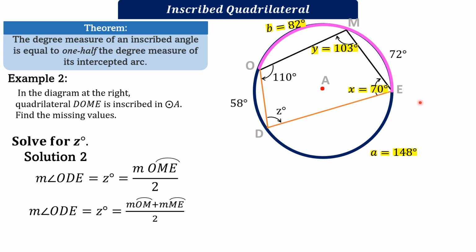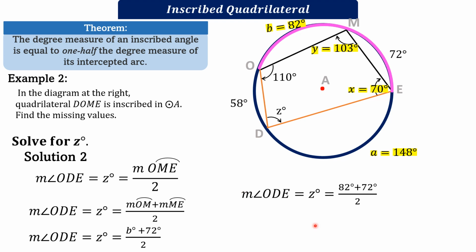Arc OME has two parts, which is by addition arc OM plus arc ME is equal to arc OME. Then all over 2 to get the value of the measure of angle ODE or the Z. Substituting the given, the measure of arc OM is B, which is 82, and the measure of arc ME is 72. Therefore, 82 plus 72 all over 2 is equivalent to 77 degrees.